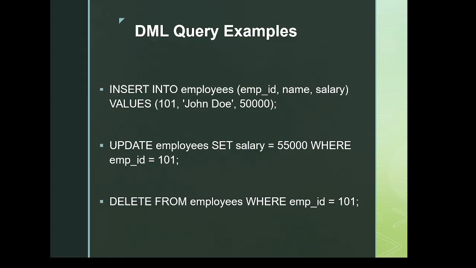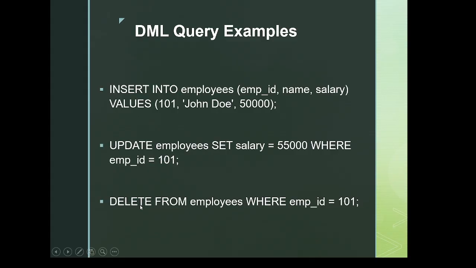Now, coming to the examples, here the command insert into employees with the values 101, John Doe and 50,000. This set of values will be added as a new employee. Then we have the update command, which is going to update the salary for the employee number 101.